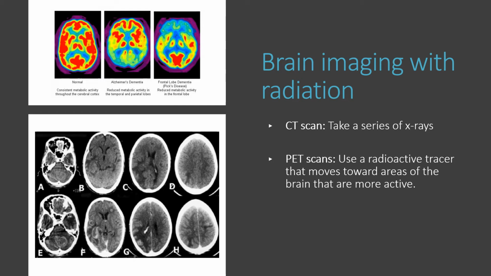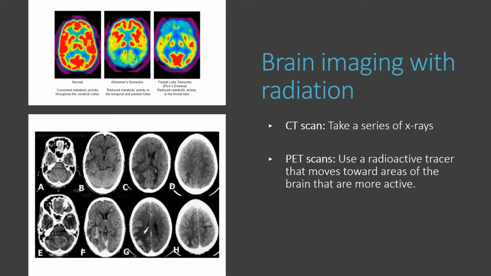This type of method is providing the physician and the neuroscientist with information about the function of the brain. We can look at different areas of the brain and see what parts of the brain are most active when we engage in certain thoughts or when we do certain things.